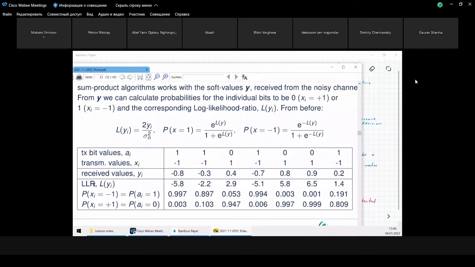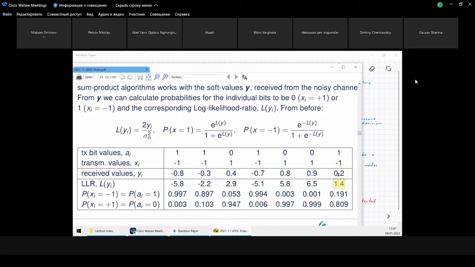So basically, log likelihood ratios and probabilities are a measure of the reliability of our observation. Large log likelihood ratios mean a very high probability that what we observe is actually what we transmitted. A very low log likelihood ratio, like this 1.4, means we are not really sure about our decision here.